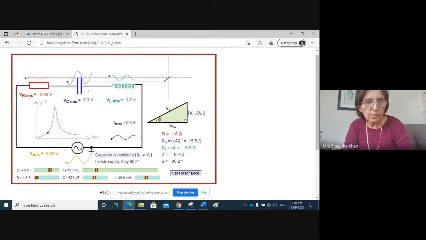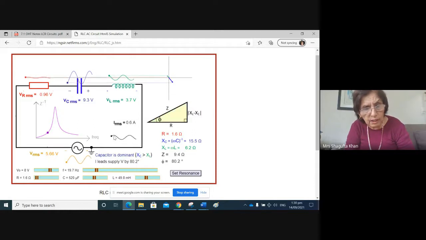So you can see from the amplitude that VC is larger than VL, and VR is even smaller than any of these. So let's see if I increase the frequency, what happens to these voltages. We can't see all three things, but you can play on your own in your own time.